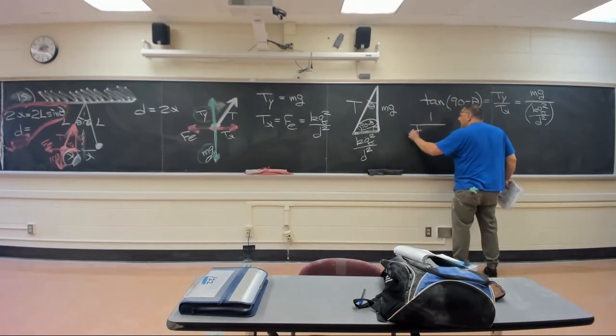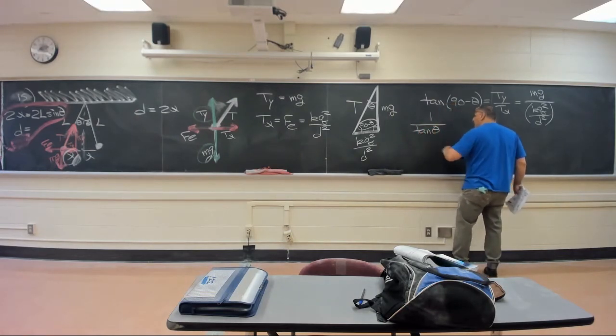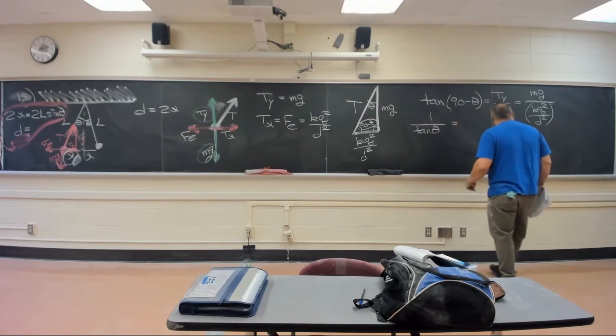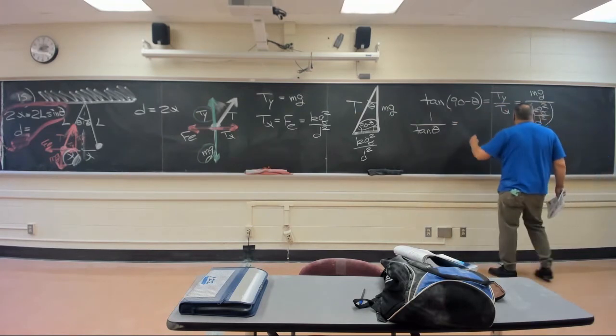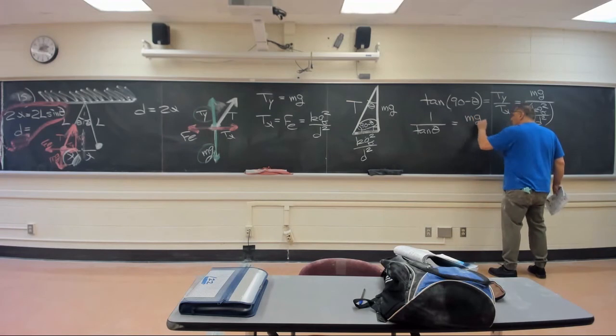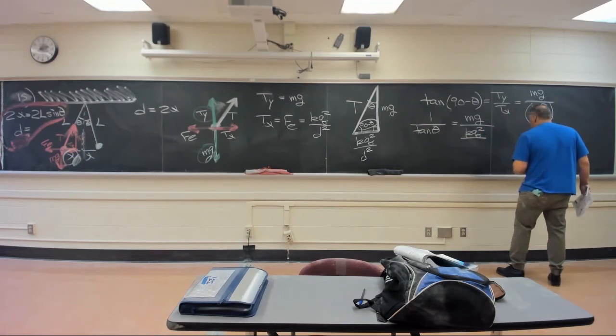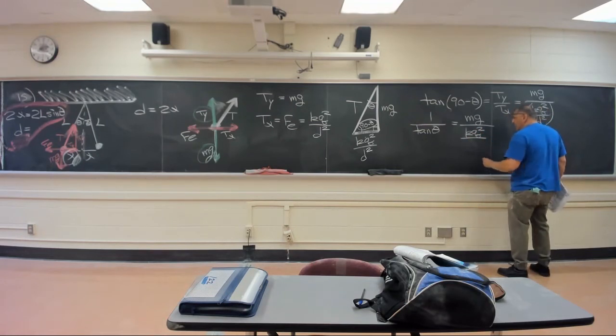Let's keep theta rather than 90 minus theta. 1 over the tangent of theta is going to be mg over kq squared over d squared.